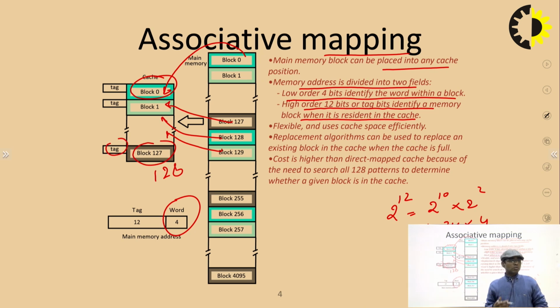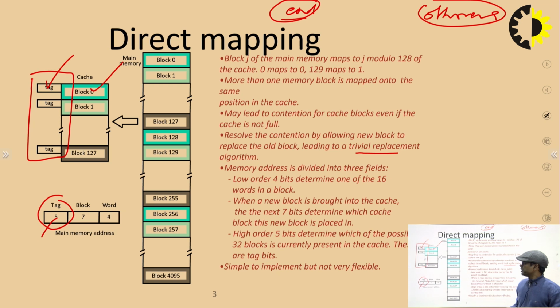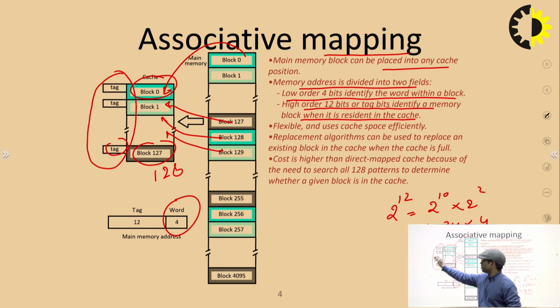So, instead of direct mapping as previously done, we will bring a block and put it anywhere, and each of the blocks present in the cache memory has its own tag, and we can search that using this 12 bit tag.